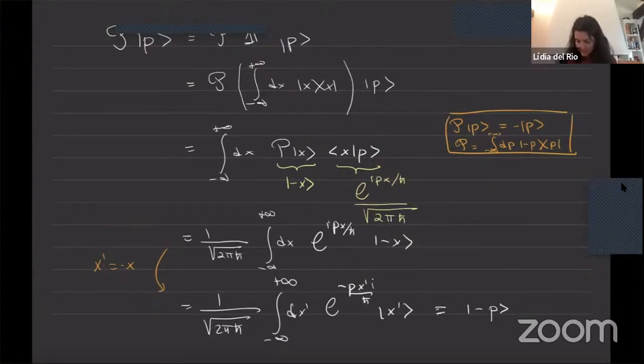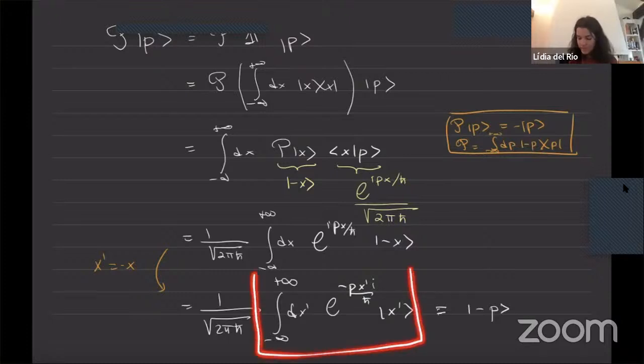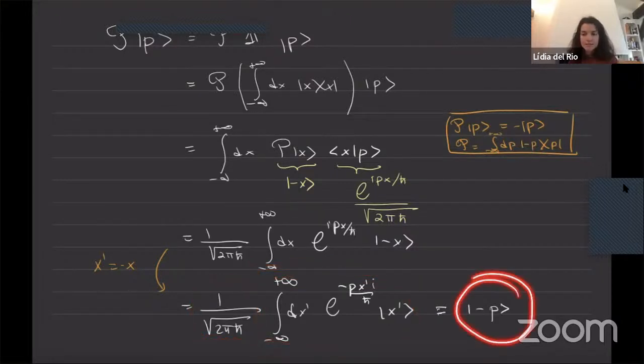So now we have x prime here, and then we have this exponential minus i p x prime divided by h bar. And if this is familiar, it's because this is exactly the definition of the momentum eigenstates, the momentum basis element, except that to get p, you'd have a plus sign here. So if you have a minus sign, what you get is minus p.